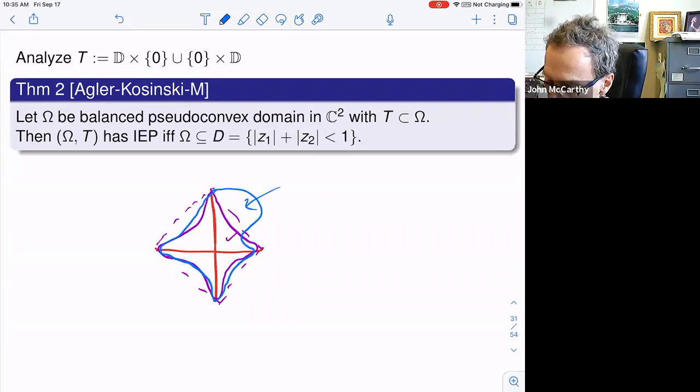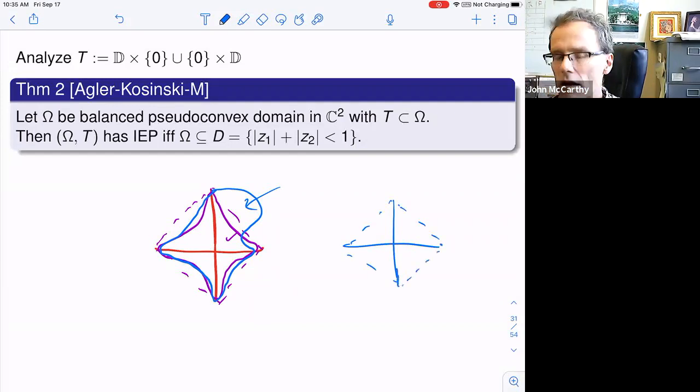But you get the idea that within the realm of balanced sets, if you can extend it to the diamond, you can extend it to any subset of the diamond. So anything smaller is okay, and nothing bigger works.